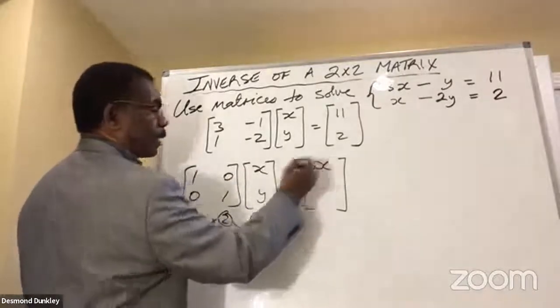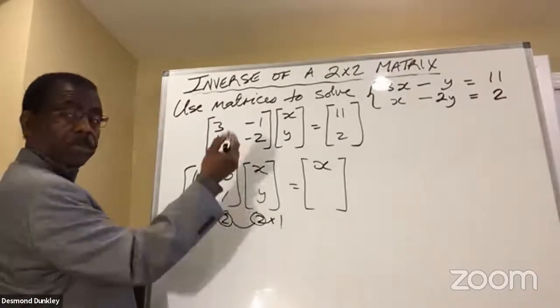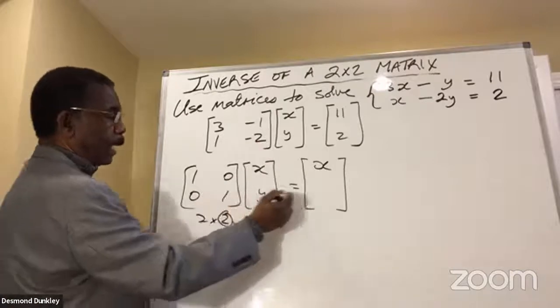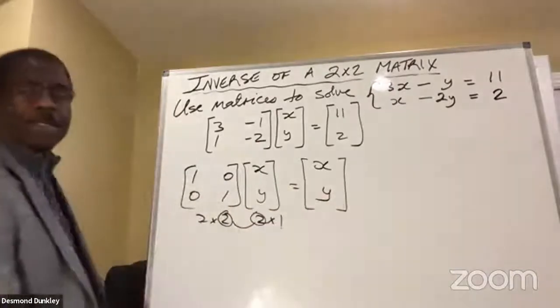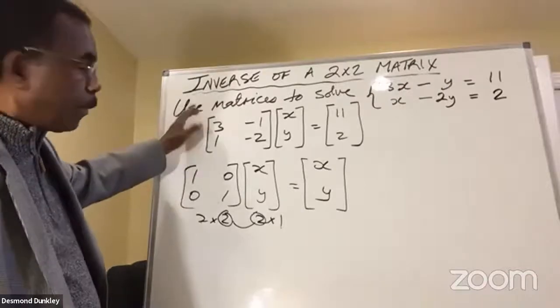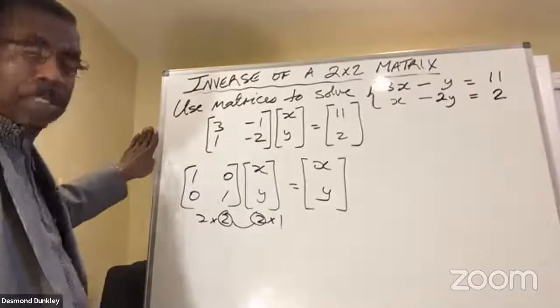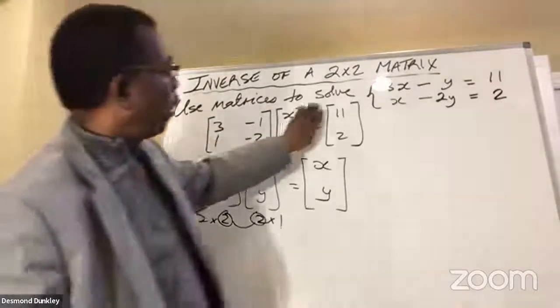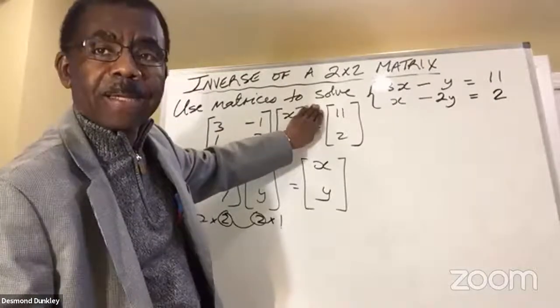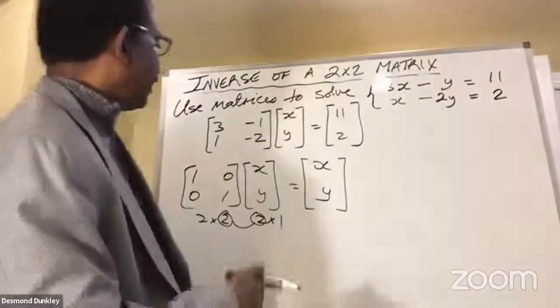So we just get x. Come to this one, 0 times x is 0, 1 times y is y. So what's the conclusion? If the inverse exists, when I multiply the inverse matrix times this, it cancels that portion. But I also have to multiply the other side by the inverse matrix. Got it? Yes.